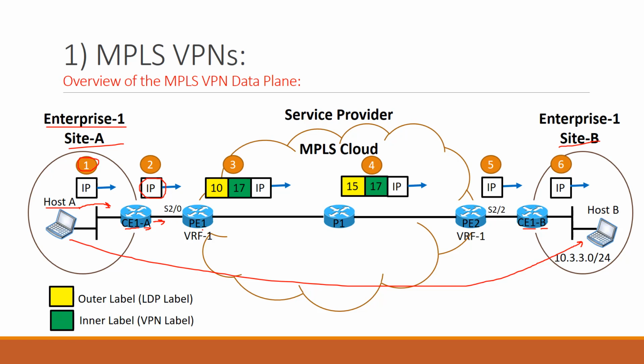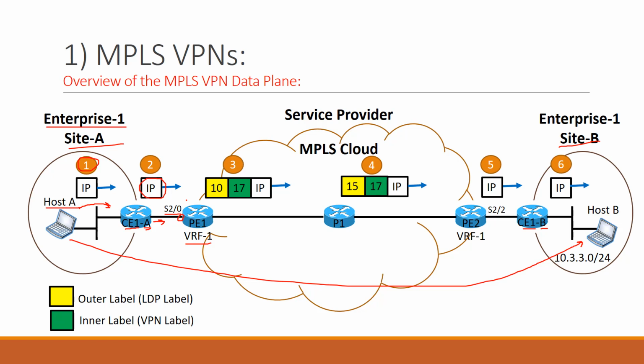So PE1, provider edge 1, will receive an unlabeled packet on interface serial 2/0, and this interface is associated with VRF1, a separate routing table that is dedicated for enterprise 1.